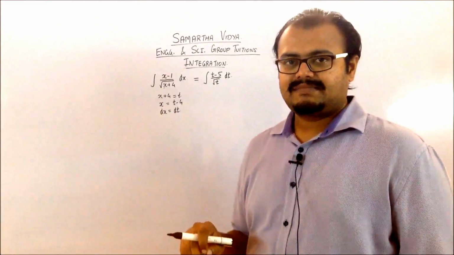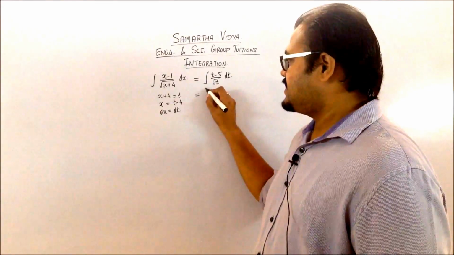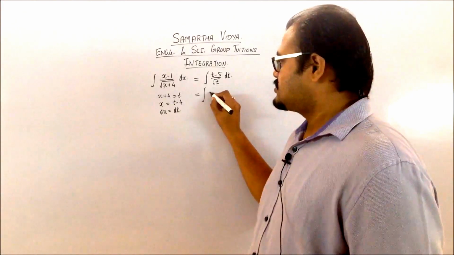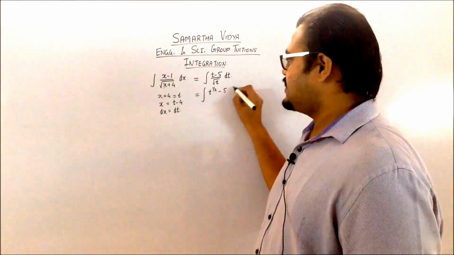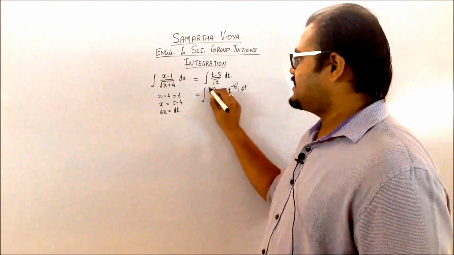There is no x present in it. After this, the integration can be done. So it is the integration of t minus 5 upon root t, so that becomes t raised to half minus 5 into t raised to minus half. So you are finding the integration of this.